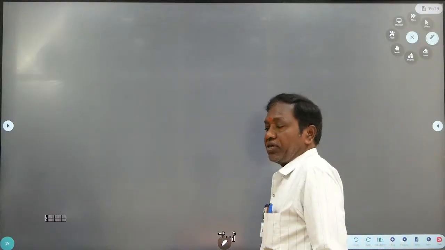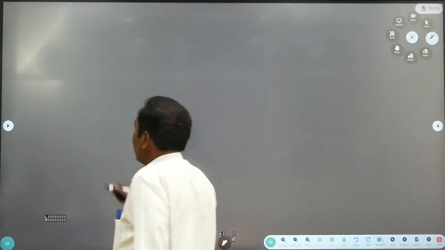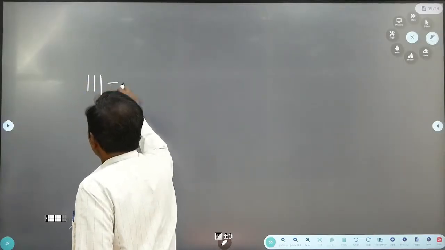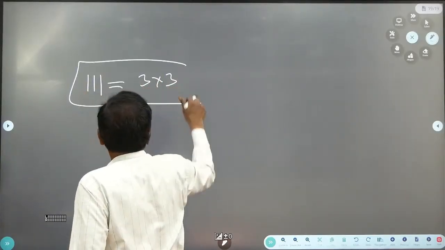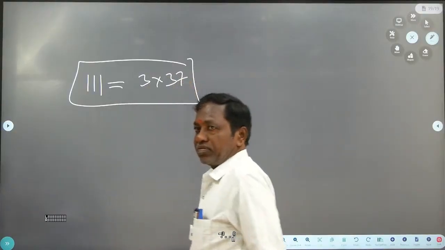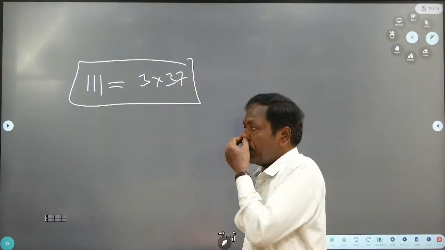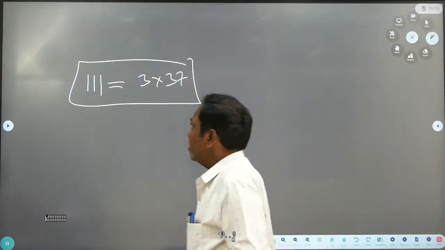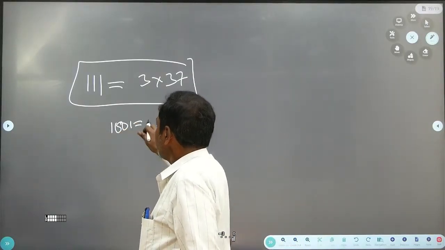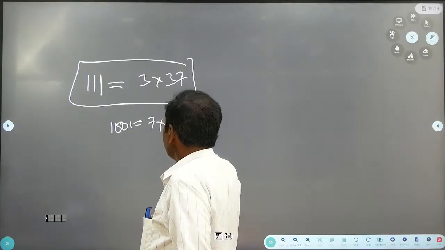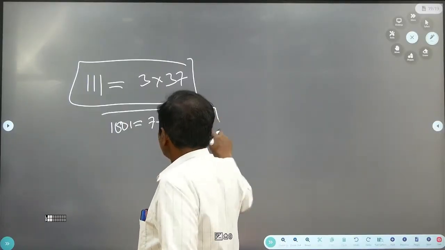Like that. Now you can see 111 is equal to 3 into 37. You put it in a rectangular box. Again, this is a very fixed property. 1001 is equal to 7 into 11 into 13. You check this value.